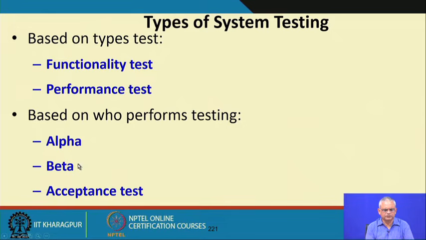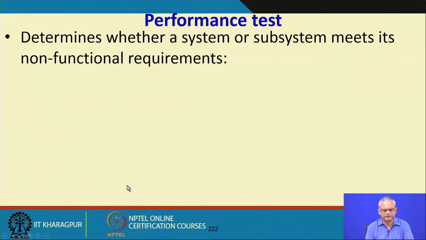And after all the issues that arise during beta testing are addressed, the acceptance testing is performed, and acceptance testing is performed by the customer. Once the system is delivered to the customer, they perform the acceptance testing and they accept the software if it passes the acceptance testing, otherwise they return it, they do not accept it.